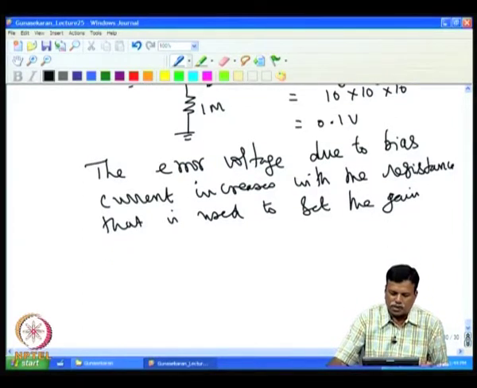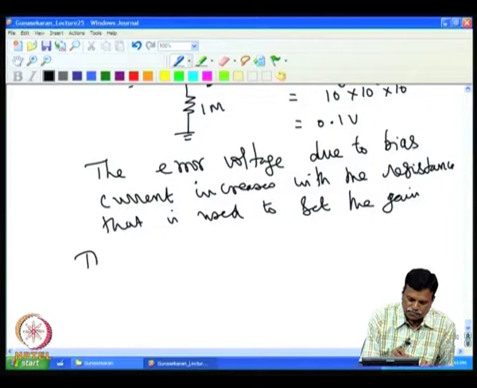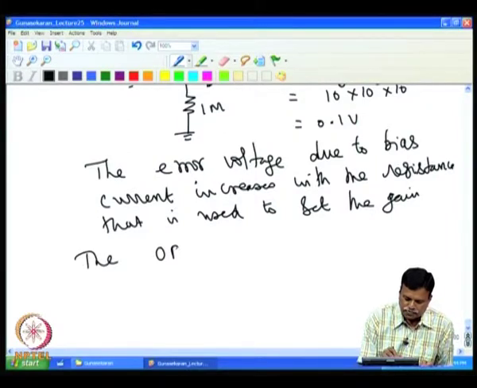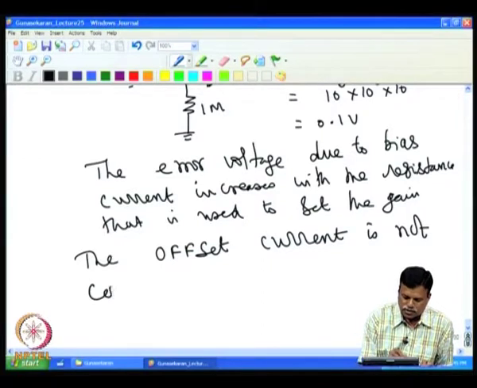The actual problem is not the bias current or offset current. This offset current is not constant. The offset current changes with temperature. This is the major problem rather than the offset current itself. So, the actual problem is that the offset current is not constant.